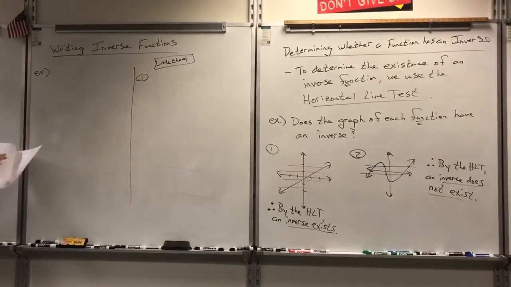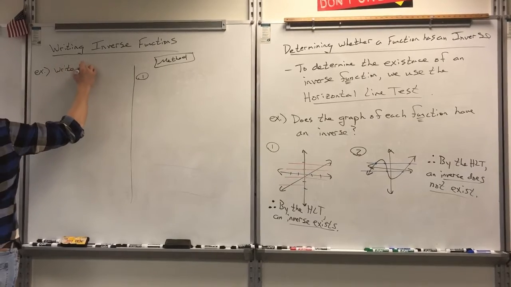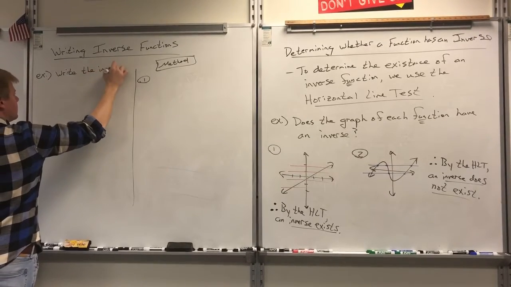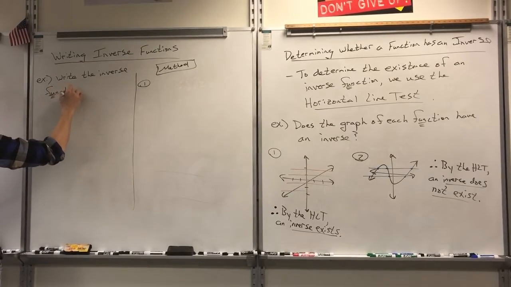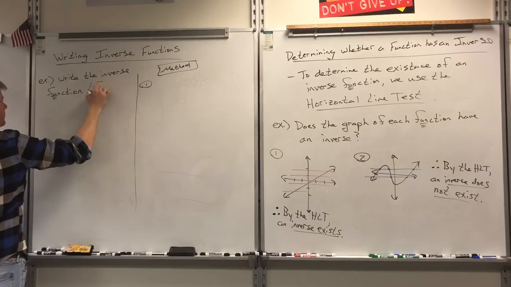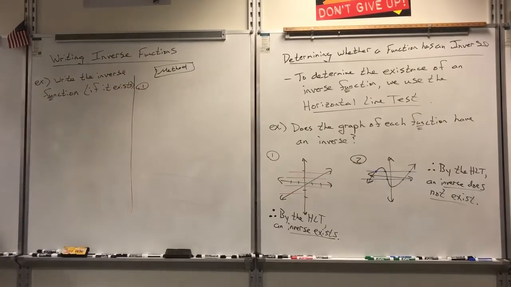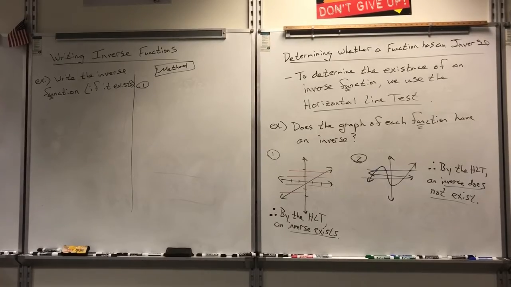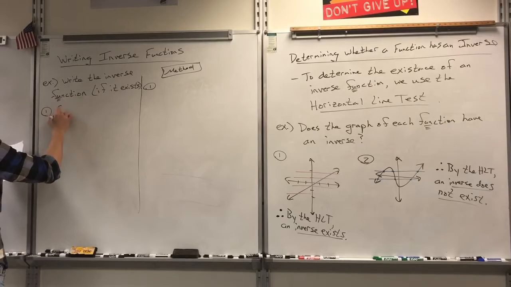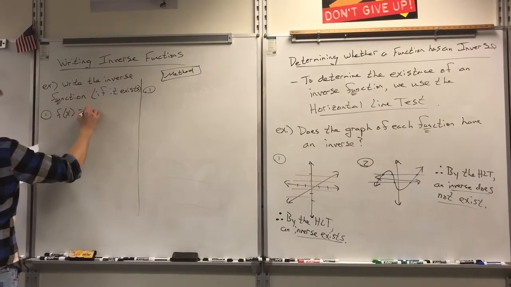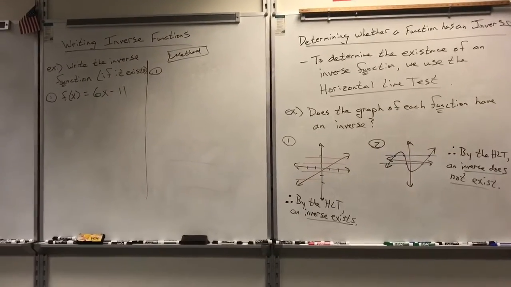So we'll say, write the inverse function if it exists. Okay, so write the inverse function if it exists. The first one we're going to work with here is f of x is equal to 6x minus 11.